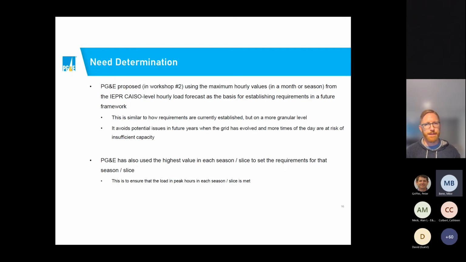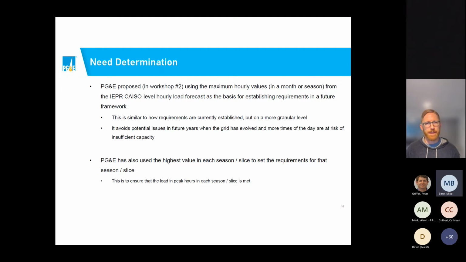The first one is that in workshop 2, we had proposed using the maximum hourly values in a month or a season from the hourly load forecast, and then using that as the basis to establish requirements in the future framework. In our view, this is similar to how the requirements are currently established, but just at a more granular level. And it avoids potential issues in the future when the grid has evolved and more times of the day could be at risk of insufficient capacity.